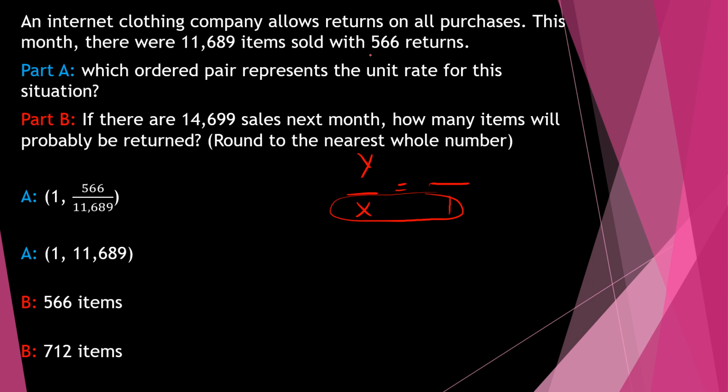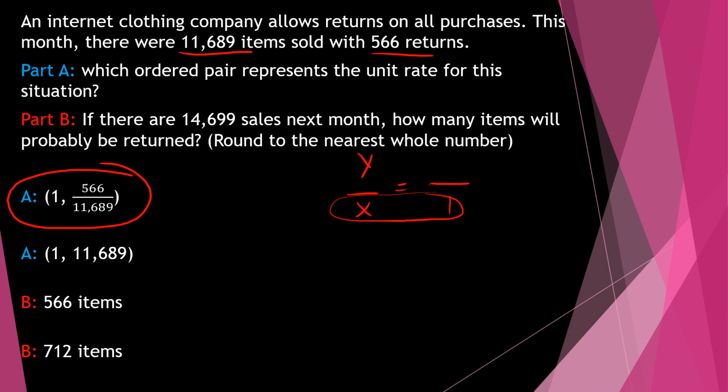So if I want to know how many items were returned, then if there's 11,689 items sold and 566 items are returned, we have to figure out how many total items that the company sold. So for a coordinate pair, we'd want to pick this first one here.